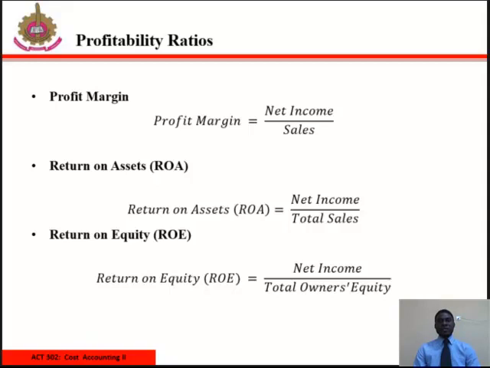This ratio reflects the combined effect of the firm's asset and debt management. And for the profit margin, as we said, we are looking at the total income over our total sales. Whatever the result is will give us our profit analysis. That is the strength of our profit.